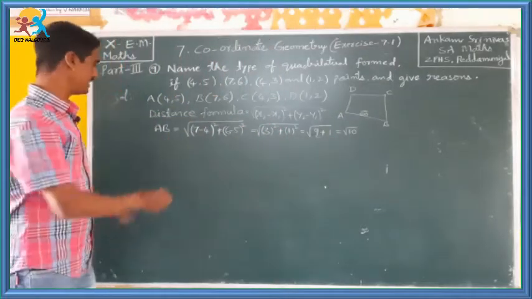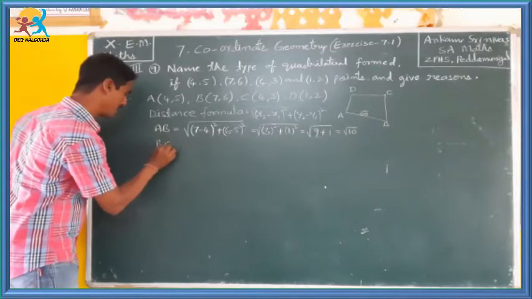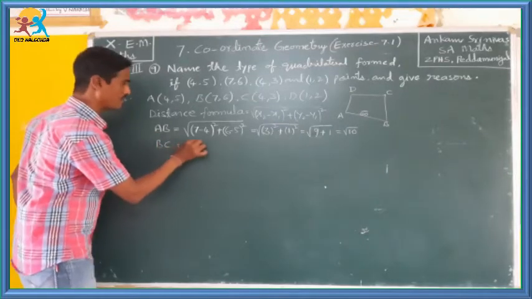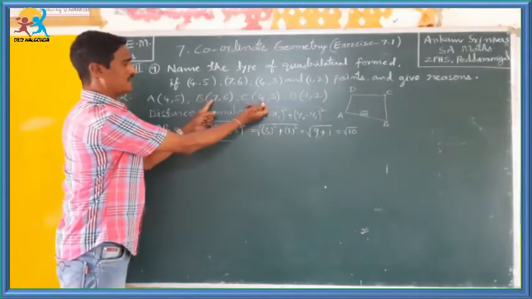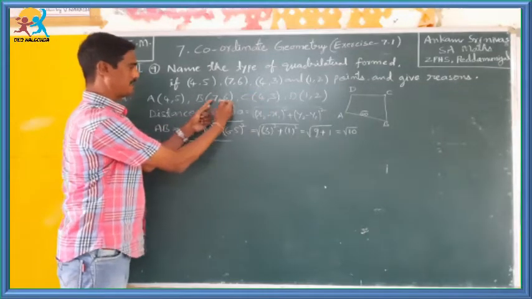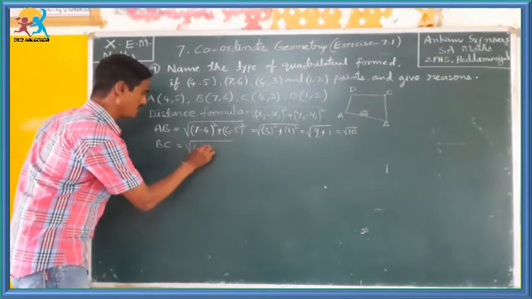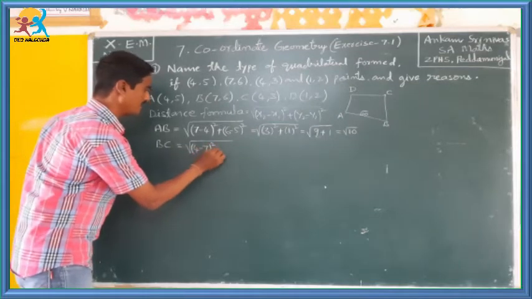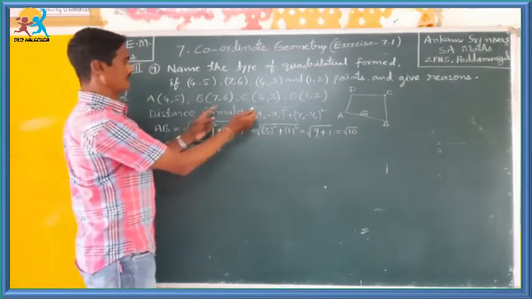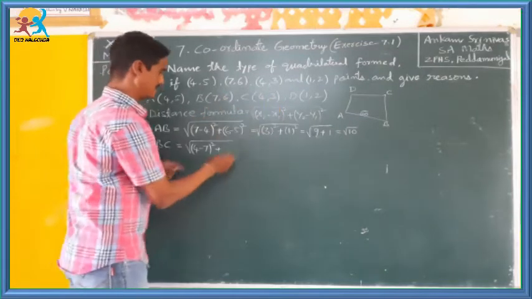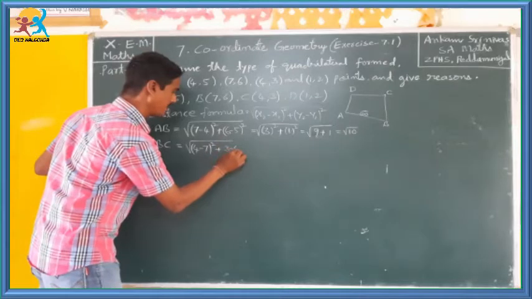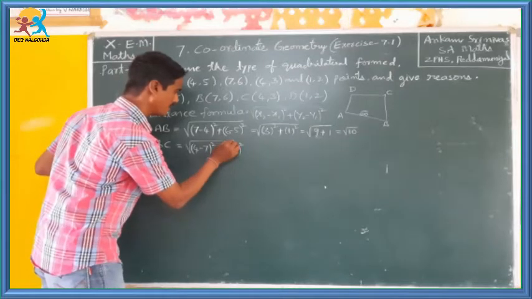Then go to BC. Length of BC is square root of the difference of x coordinates, 4 minus 7 whole square, plus the difference of y coordinates, 3 minus 6 whole square.